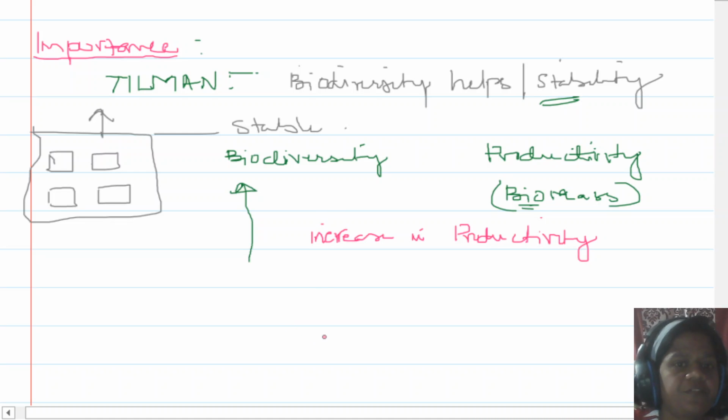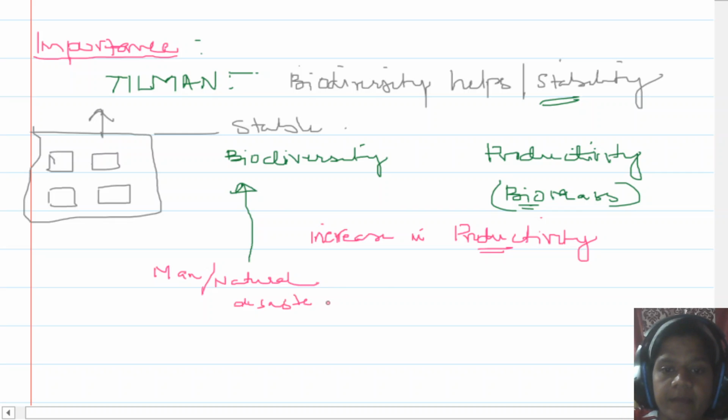The more the number of species, the more diverse the species are, the greater the productivity, the greater the biomass. And not only that, when we put in a crop, let's say it could be because of man made or natural, there are always disasters, right? They can withstand these disasters if the diversity is more.